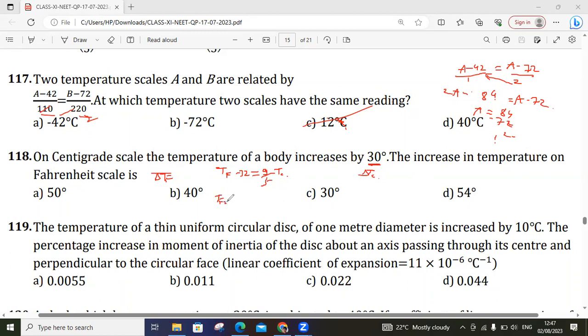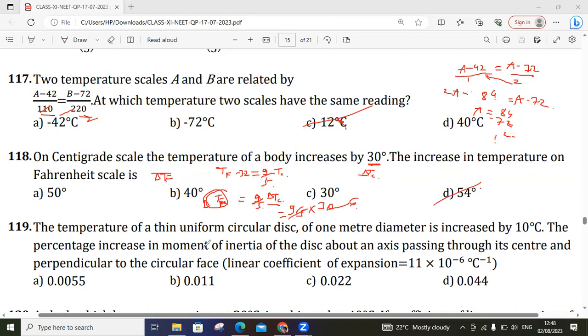What will you get? Tf2 minus Tf1, that is delta Tf. 32 will cancel. It is equal to 9 by 5 into Tc2 minus Tc1. So delta Tf is 9 by 5 of delta Tc, that is 9 by 5 of 30, which is 54.